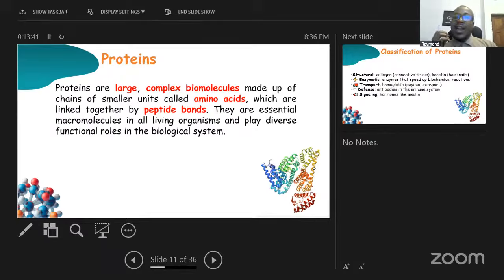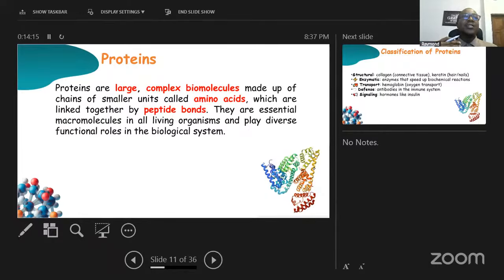So proteins are large, complex biomolecules made up of chains of smaller units called amino acids, which are linked together by peptide bonds. They are essential macromolecules in all living organisms and play diverse functional roles in the biological system. There are thousands of roles of proteins. You can see currently because you have proteins in your eyes.